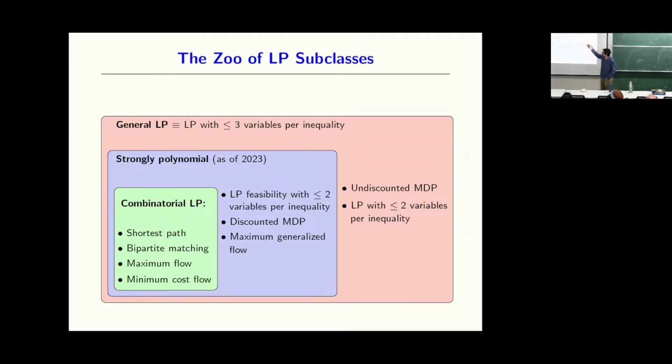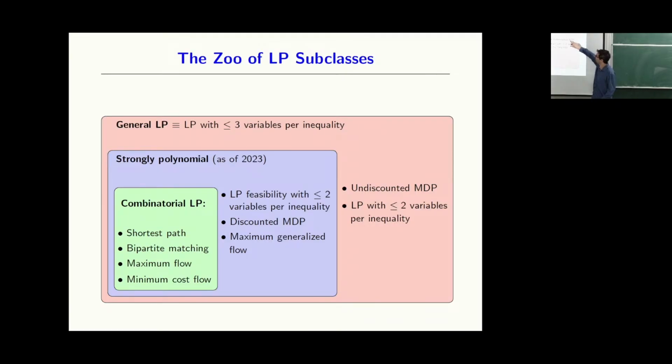And it is worth noting that before our work, we didn't know how to solve the optimization version of linear programs with two variables per inequality. The MDPs are Markov decision processes; let's not worry too much about what these are because I won't talk about them.